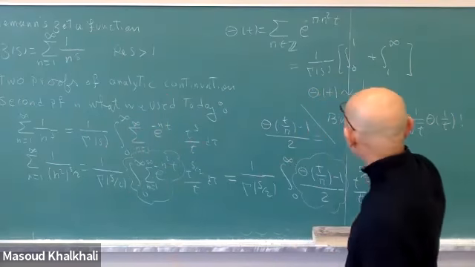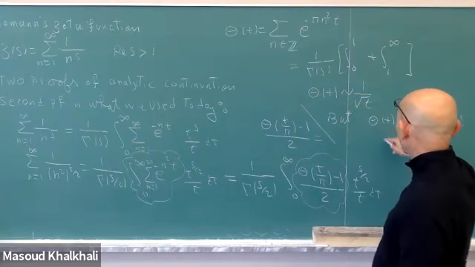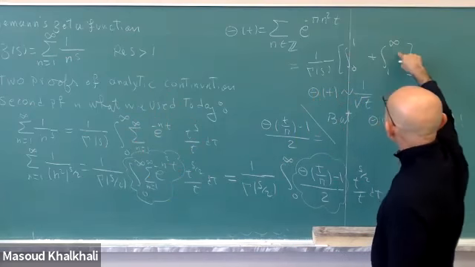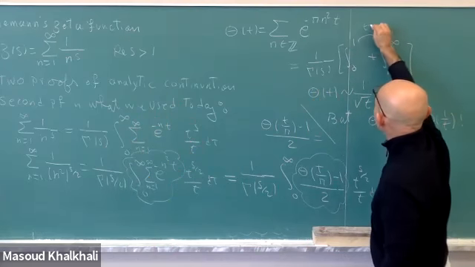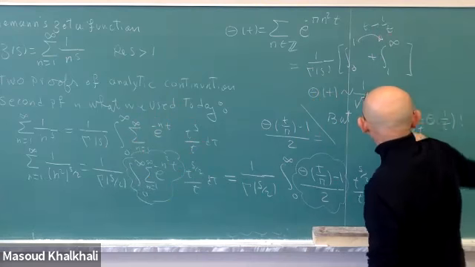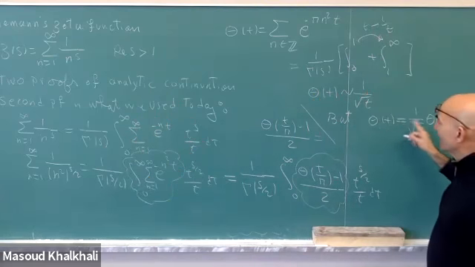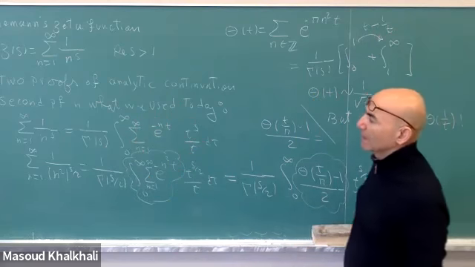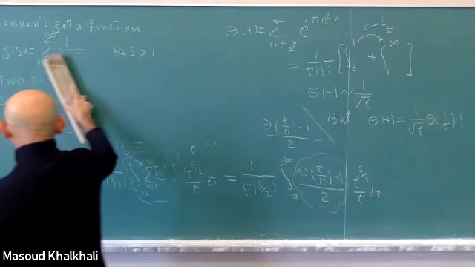But Riemann had this, and what he did, he could change this integral to this integral by changing t to 1 over t and using this identity.